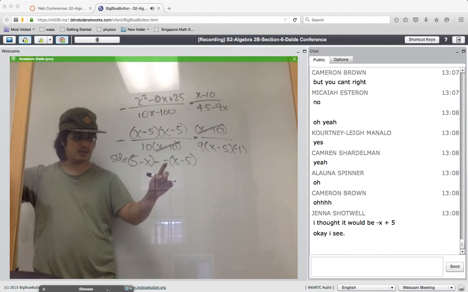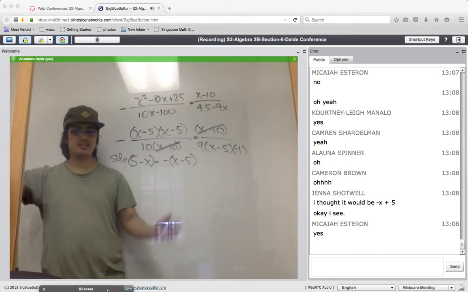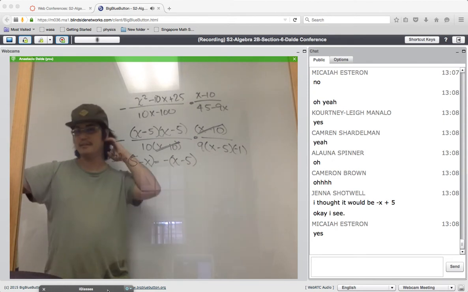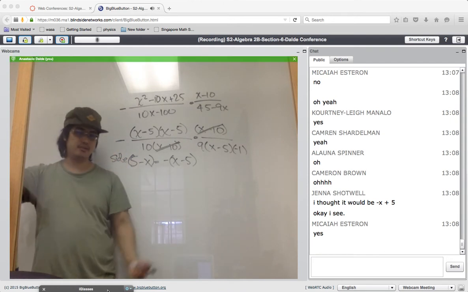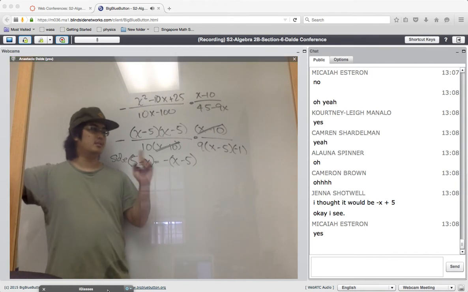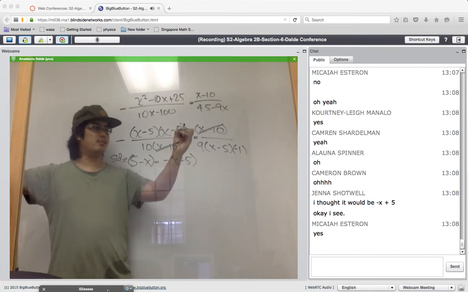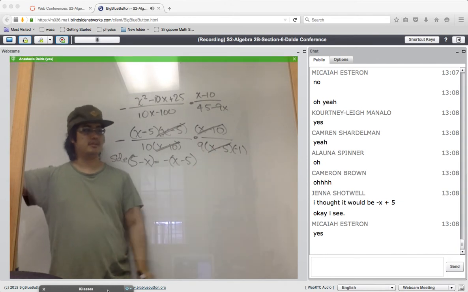Because here, that's that negative 1 right there. I put the parentheses around the negative 1 because I didn't want to think of it as minus 1. Math is all about being careful with these things, so I'm trying to be careful here. All right. So I can at least cancel out one of these x minus 5s on top.